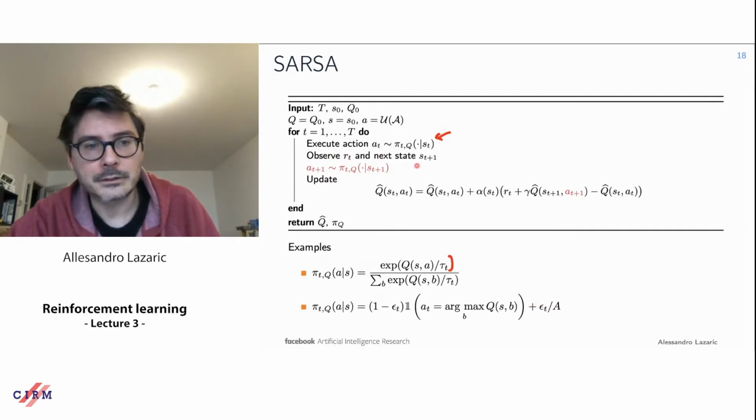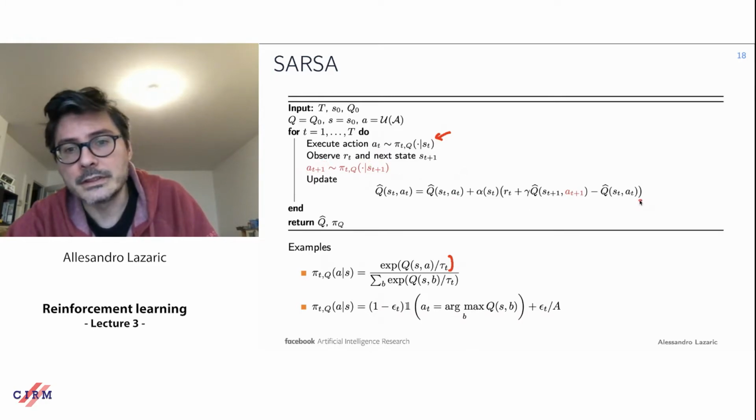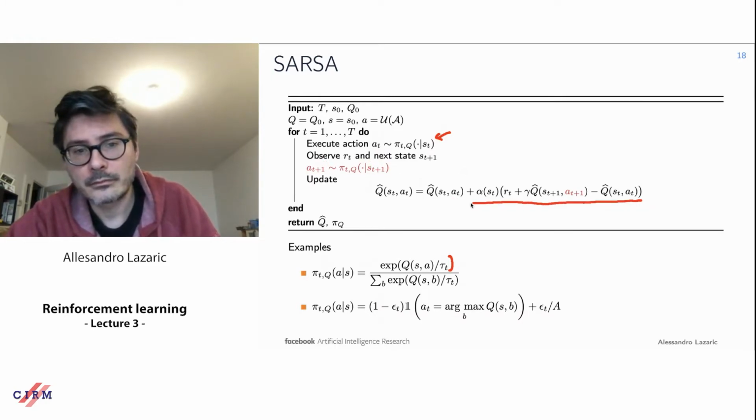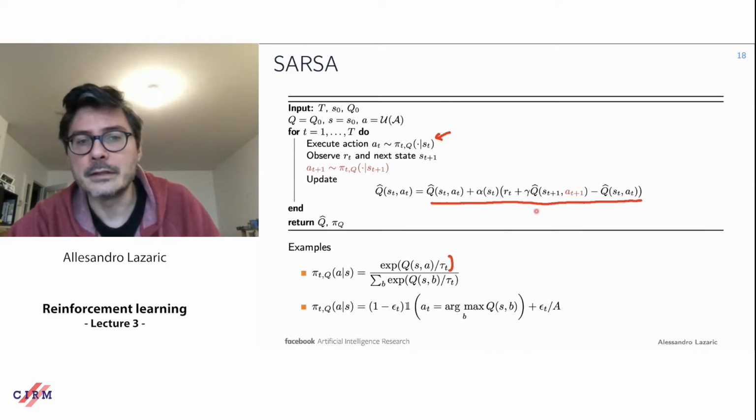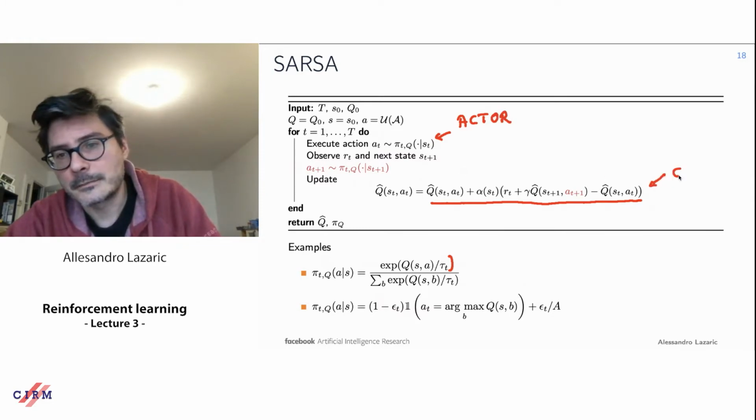I observe the outcome of that action. I will decide which action to take next, and then I will be just doing TD learning on this. And this is the update of the critic. So this is the actor, and this is the critic.